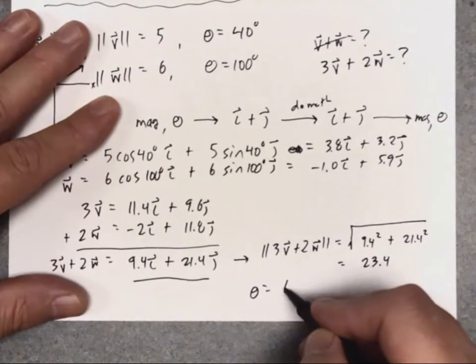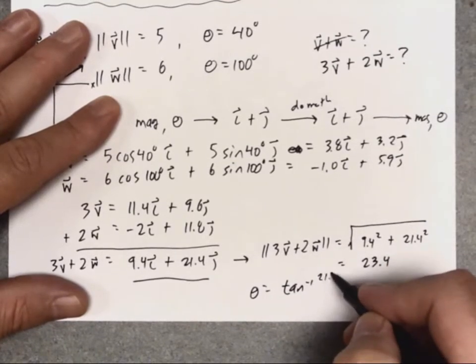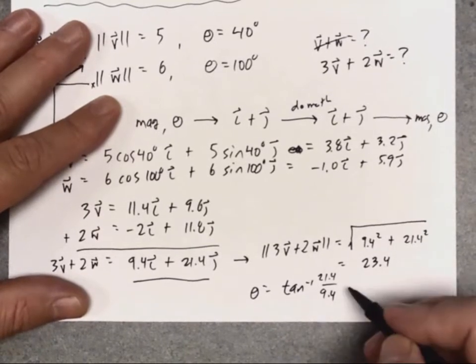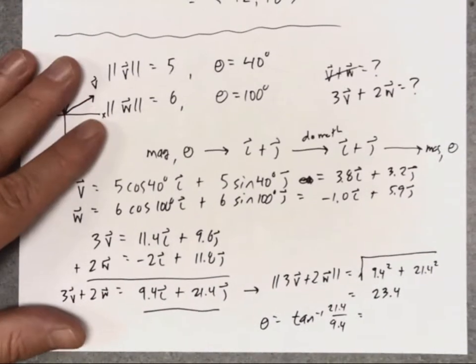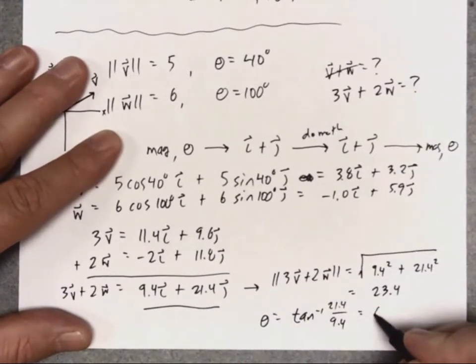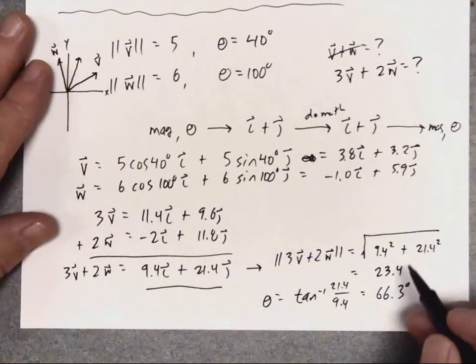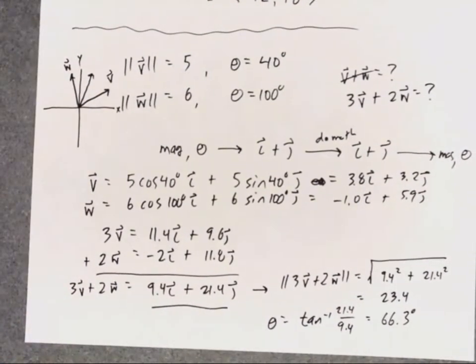Of course, the angle is going to be the inverse tangent of 21.4 over 9.4. Now, it looks like we're up in the first quadrant. So when I grab my calculator, it tells me the angle is 66.3 degrees. And that actually looks correct. That's a pretty good guess of what this angle would be. So there you go. A little involved, just a lot of busy work, not horribly complicated.